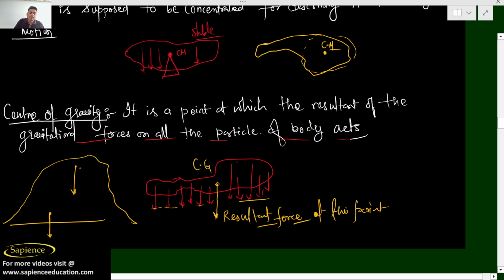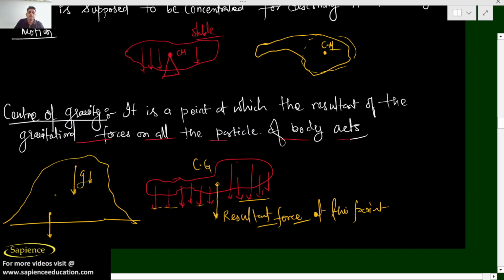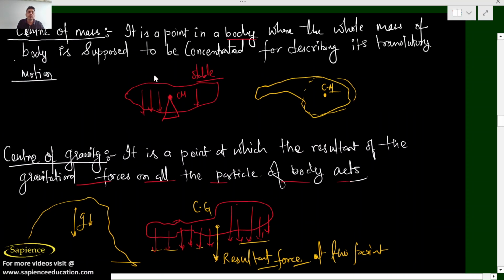Because at the top, g decreases. When g decreases, the gravitational force will definitely be less here. So in this way the center of mass and center of gravity will vary. So this is the point. I hope you have understood center of mass and center of gravity.